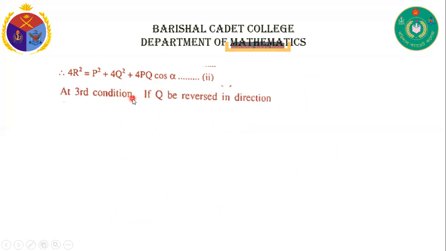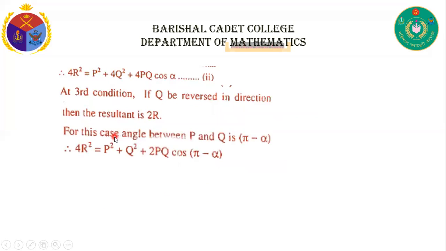And the third condition is Q is reversed in direction. Then the resultant is 2R. In this case, the angle between P and Q is pi minus alpha, so 4R square equals P square plus Q square plus 2PQ cos of pi minus alpha.